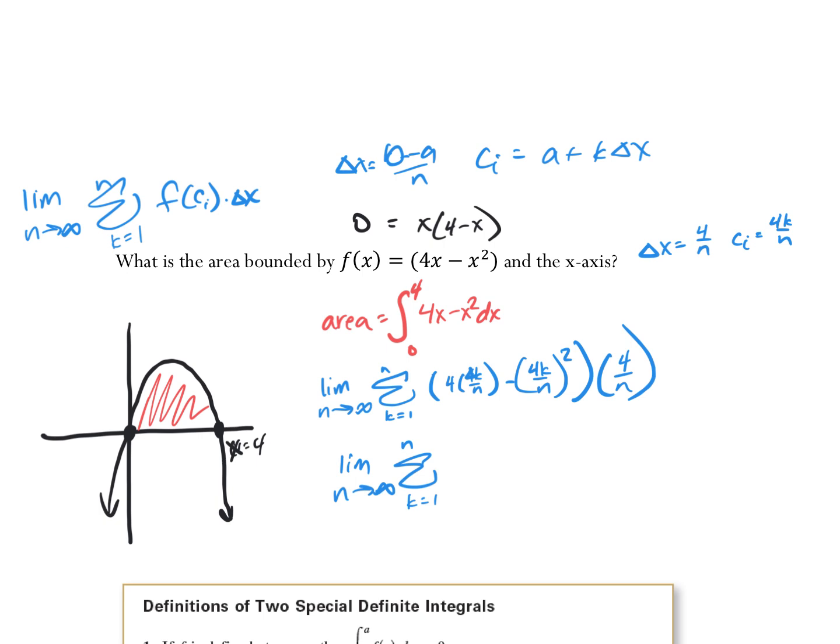And I get 64 over n squared, 64k over n squared minus 64k squared over n cubed, when I simplify all the way down.